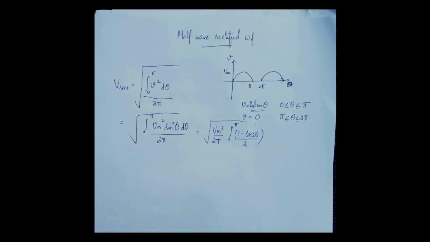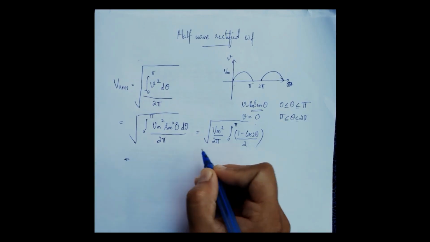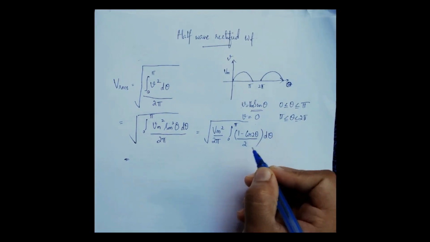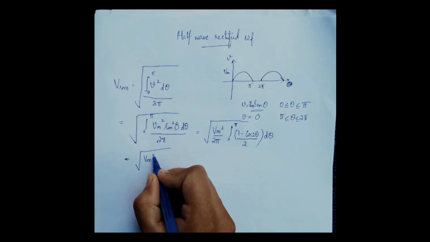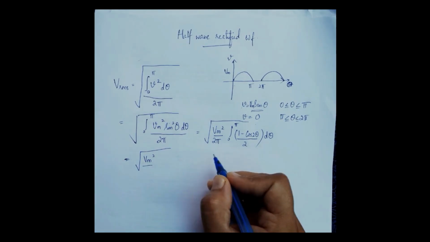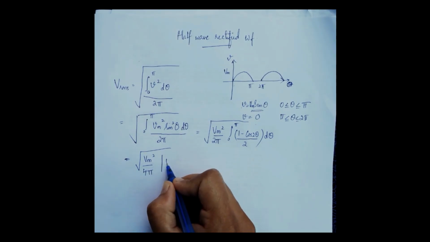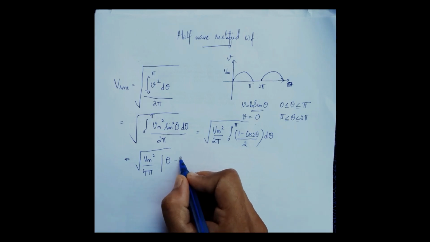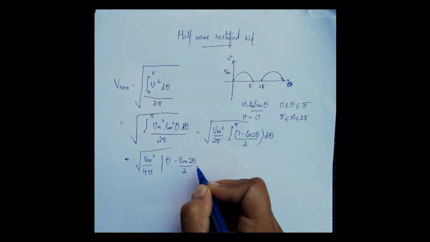Integrate them. Don't forget that the time period of a half wave rectified circuit is 2 pi, and we are taking the average only from 0 to pi because from pi to 2 pi it is already 0.